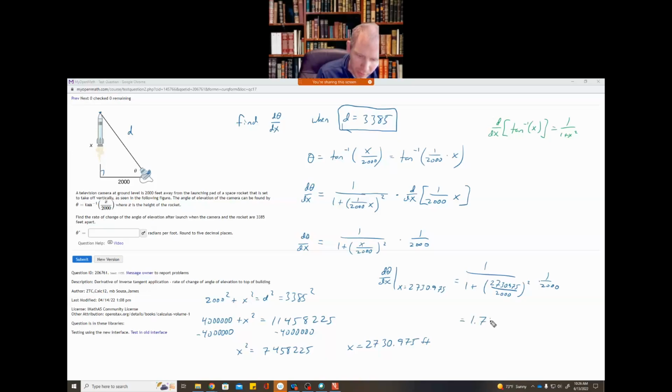And I end up with 1.74547. Okay, and my angles are in radians and my distances were in feet, so radians per feet, and they sort of give me that.